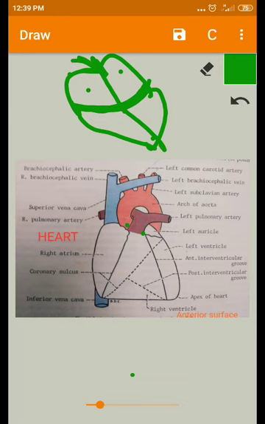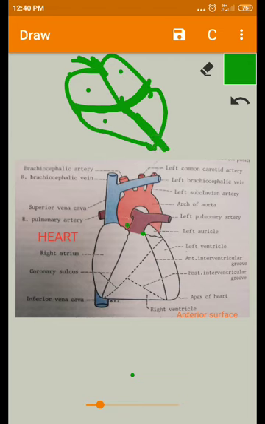And this one is the interventricular groove. This interventricular groove separates the right ventricle and the left ventricle. This groove is present anteriorly as well as posteriorly.